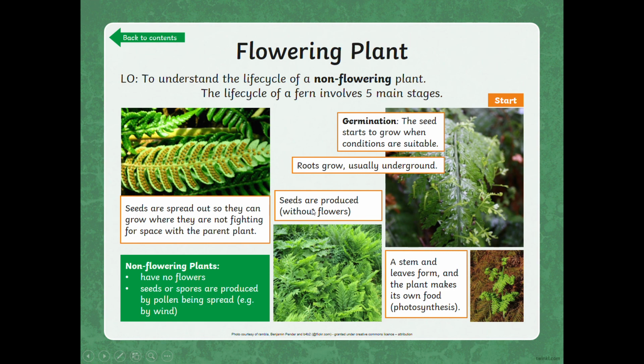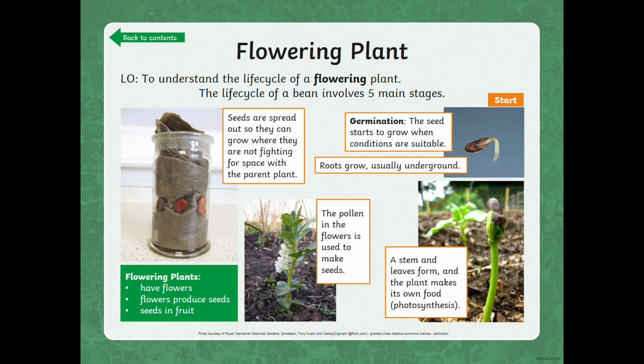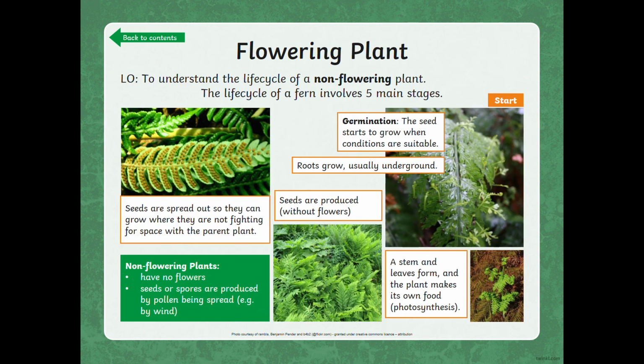The seeds are produced, but without flowers, so there's no pollen this time. There's no pollen in the flowers this time, because there are no flowers on the plant, there's just seeds. The seeds are spread out so they can grow where they're not fighting for space with the parent plant.